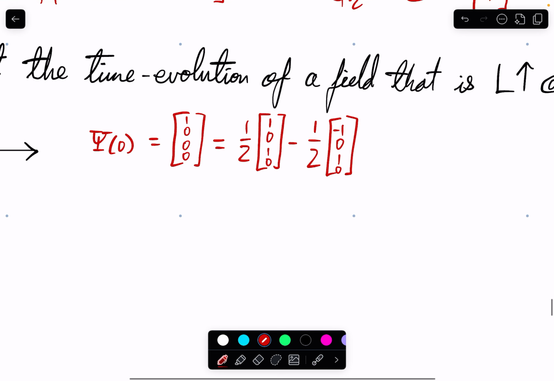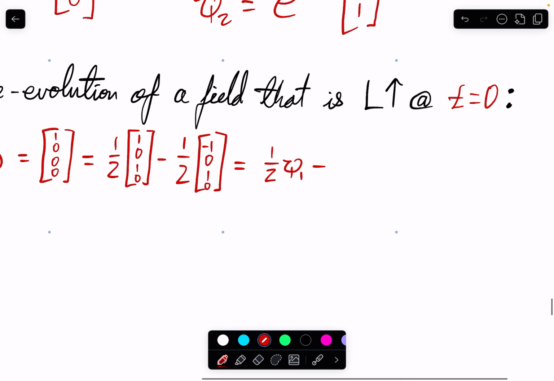So you can see that at time equals 0, the particle that is left-handed and spin up is equal to 1/2 of the first solution minus 1/2 the second or the tilde solution. Of course, these are at time equals 0.